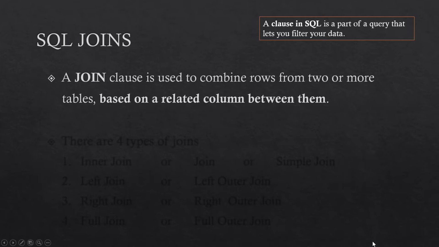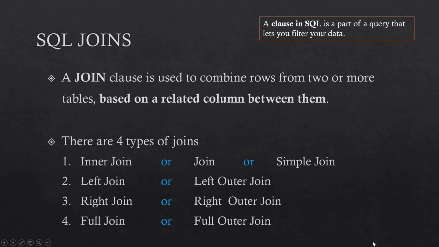For now, know that there are four types of joins. An inner join and a simple join are the same thing. A left join and left outer join is the same thing.